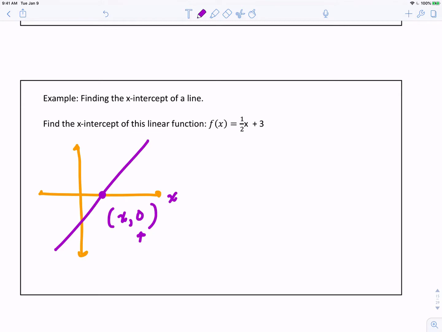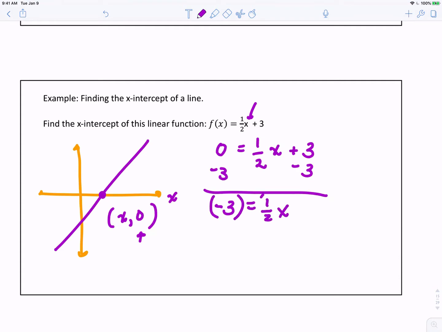So let's take a look. Find the x-intercept of this linear function, f of x is equal to 1/2 x plus 3. So what we're trying to do is find the value for x for which the function value y is equal to 0. So we have this equation, 1/2 x plus 3 is equal to 0, and we'll go ahead and solve this. We'll begin by subtracting 3 from each side.